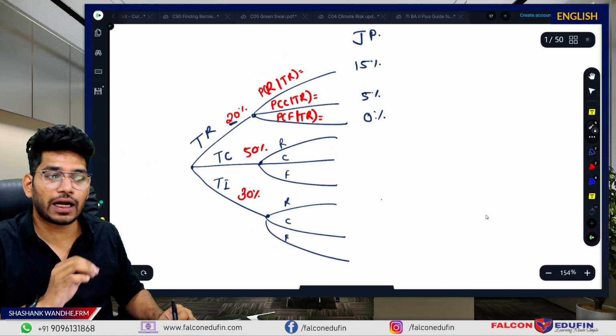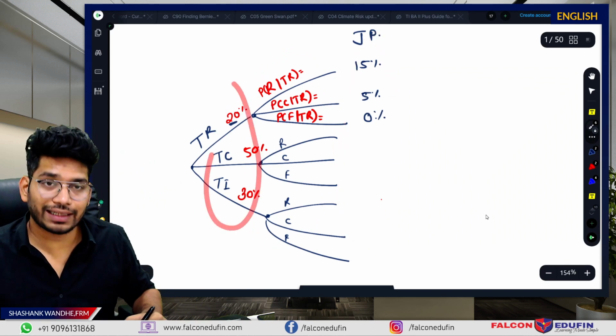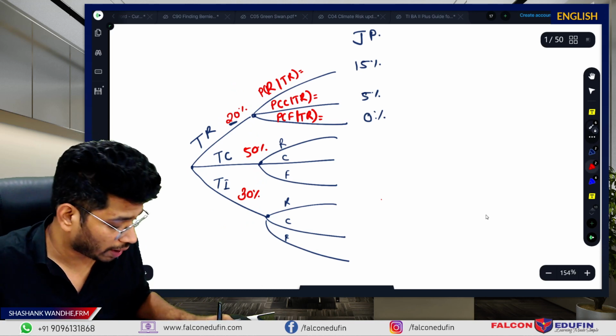This section is of the conditional probability. This section is of joint probability. And these are your marginal probabilities. That is the total probability.